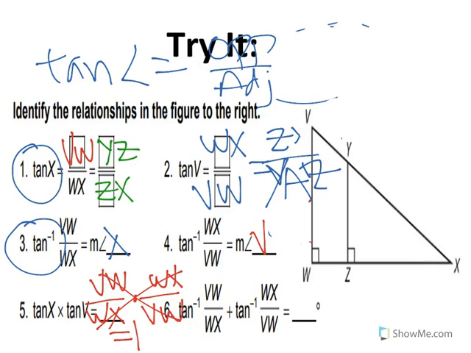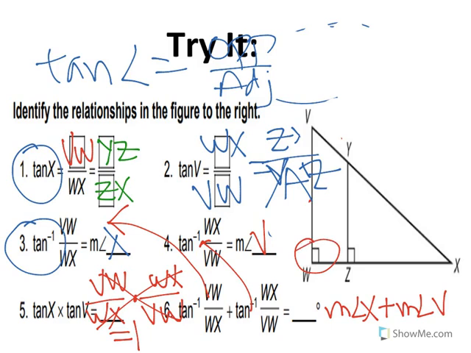And then for number 6, well, let's go back to number 3. Here we're saying that tangent inverse of VW over WX is the measurement of angle X, plus, referring to number 4, tangent inverse of WX over VW is the measurement of angle V. Well, since this is a right angle, angle V plus angle X must be 90 degrees.